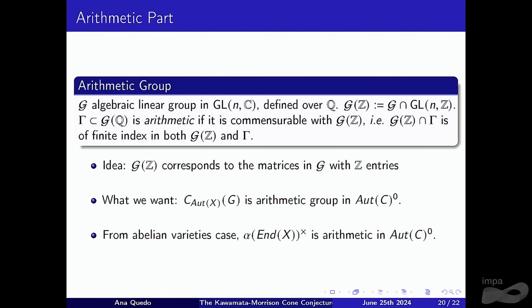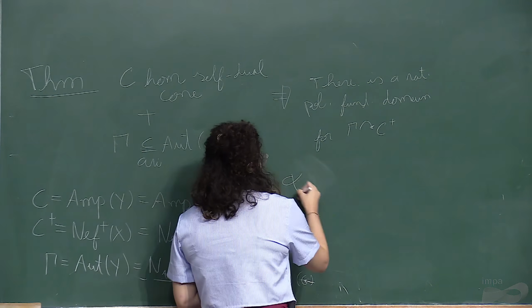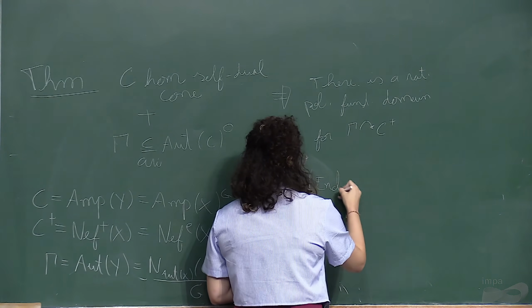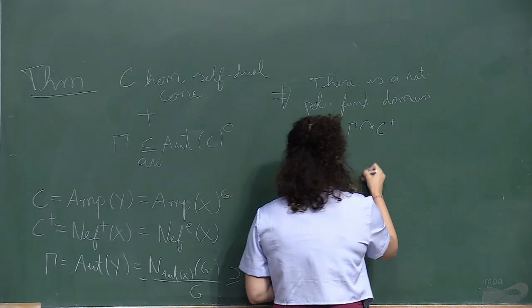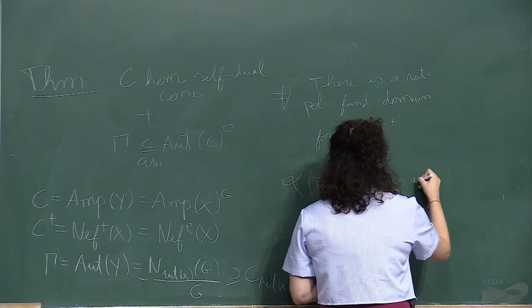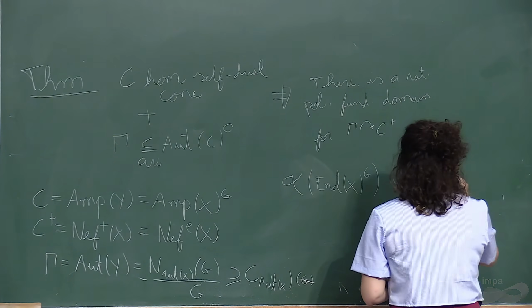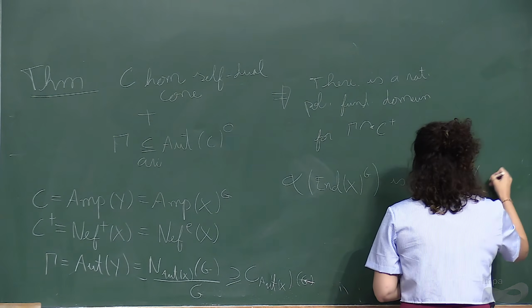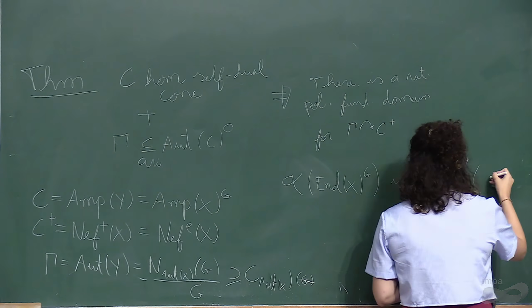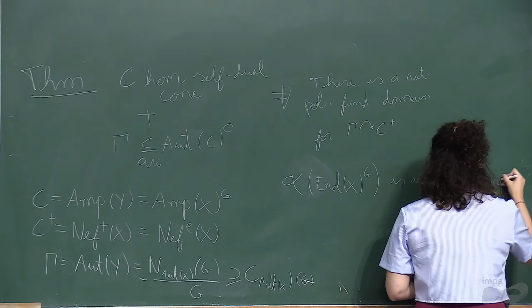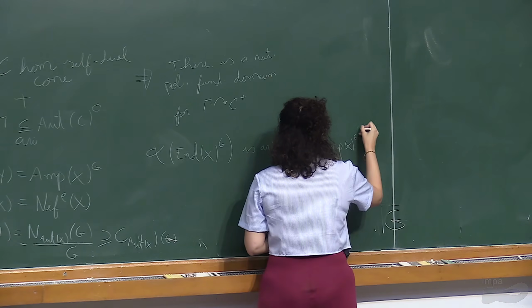So what we want to do now, from the Abelian case, I think maybe this is easy to accept, but it was very easy to realize that this was also true.